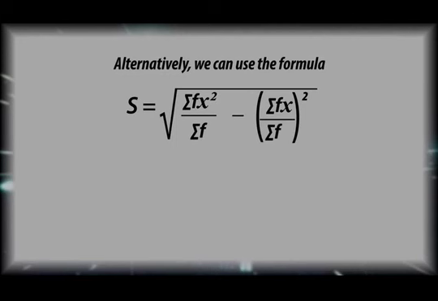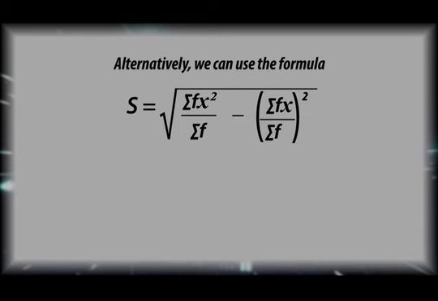Now this formula says S, or the standard deviation, is equal to the square root of sigma f times x squared divided by sigma f minus, into brackets, sigma fx divided by sigma f all squared.